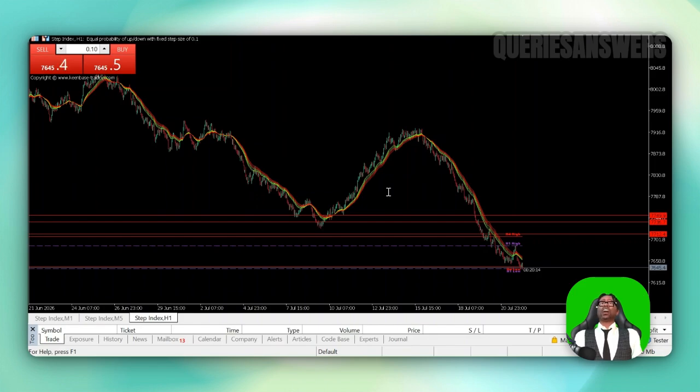You don't get blown out of a trade in seconds like what you sometimes do with a VIX 75. With VIX 75, if you take the wrong trade, you get out of that trade quick because it moves fast and you can lose your account very quickly. Volatility 10 is less volatile, which means the price moves slowly and smoothly.